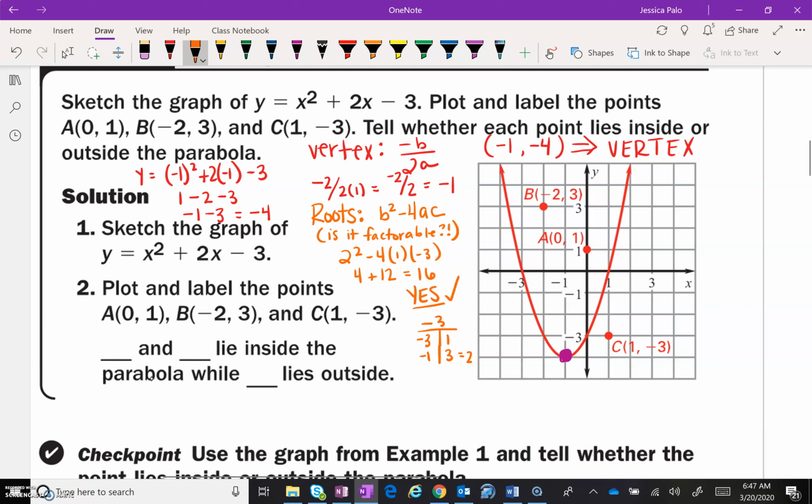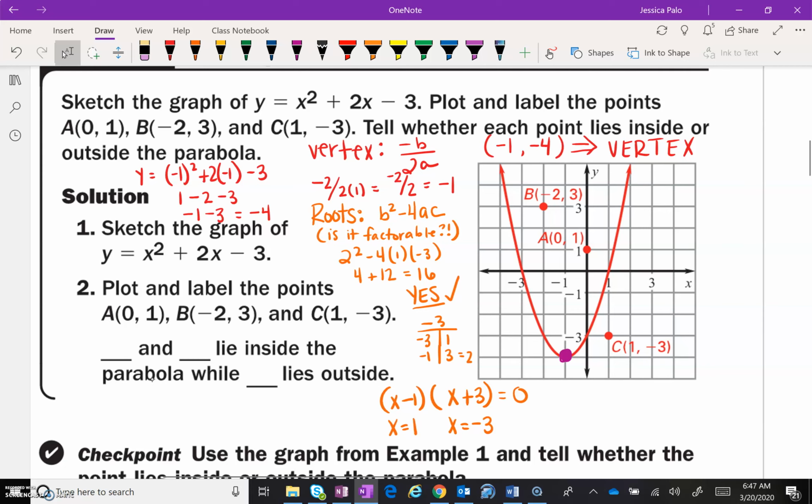So our roots, or the factored version of our quadratic equation, would be x minus 1 times x plus 3. And since we're looking for our roots, it needs to be equal to 0. So we will have x equals 1, x equals negative 3.